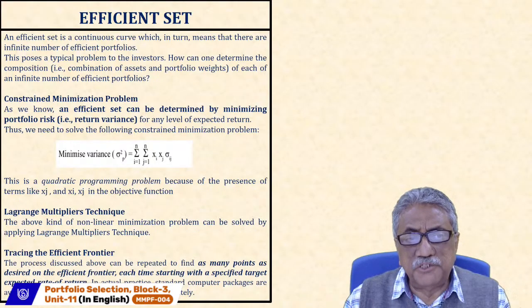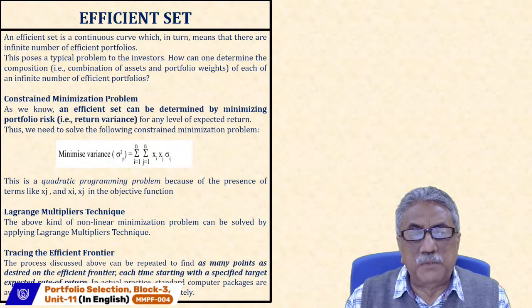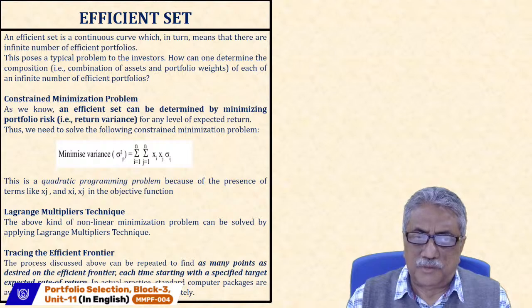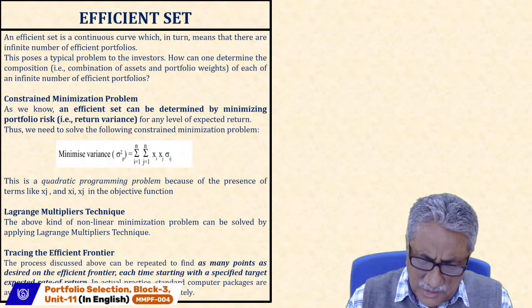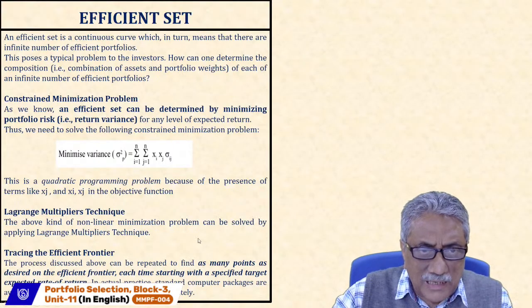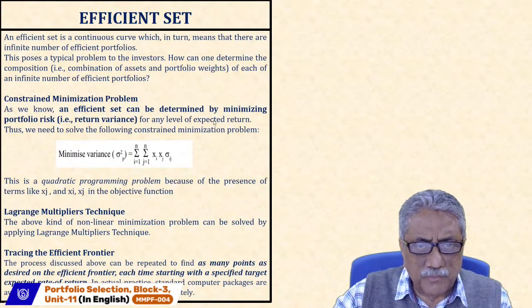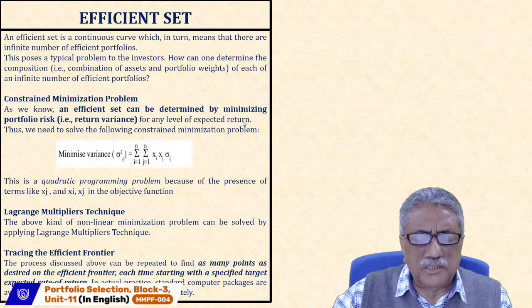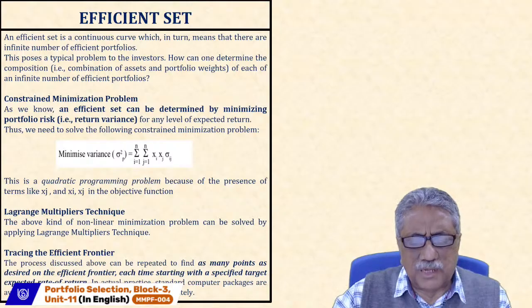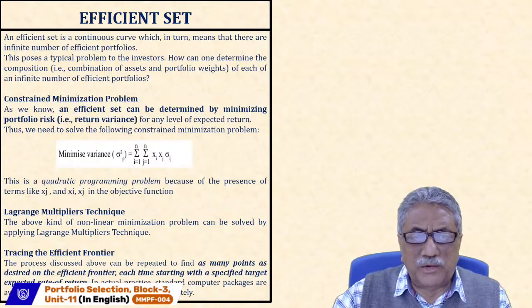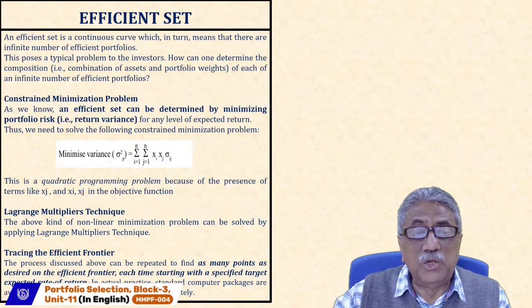As we know, an efficient set can be determined by minimizing portfolio risk, because you have calculated the level of expected return from past performance. This year, Hindustan Lever has done like this, this year the market looks like that, so this can be the expected return. Now I know my return is 16%, or whatever it is. How can I reduce the risk?